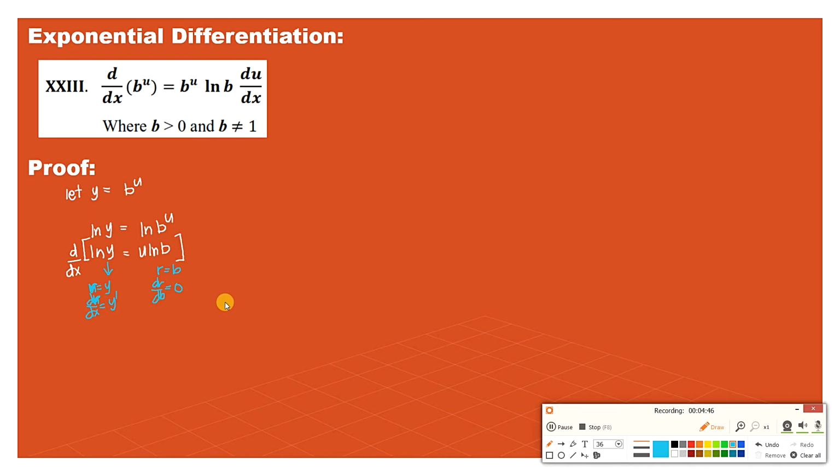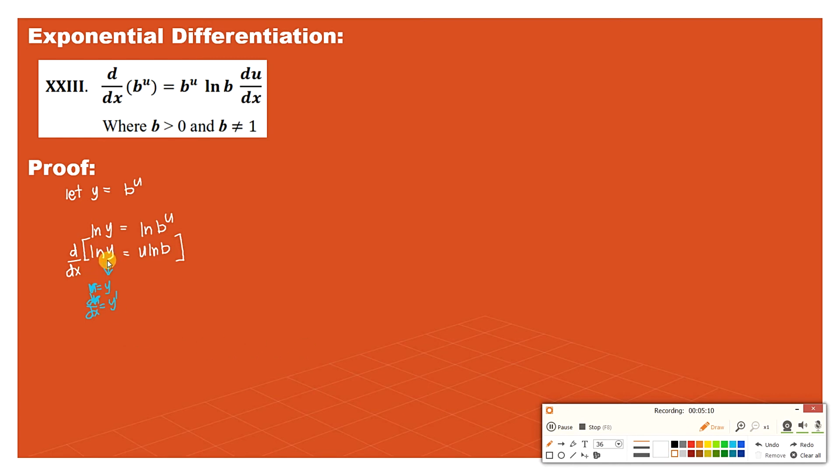But remember, meron tayong variable na u kaya hindi natin basta-basta i-derive lang si b. Magiging product siya ni variable at saka ni constant. So, hindi natin muna i-apply yung r is equals to b, kasi magiging product of variable and constant siya. So, in-explain ko lang sa inyo lahat.